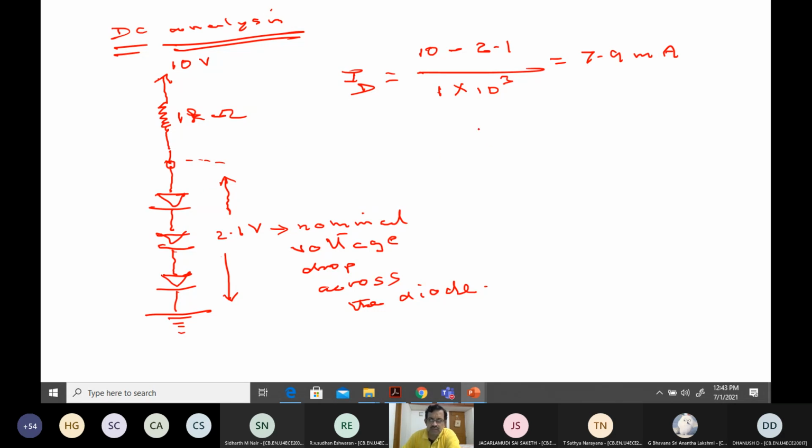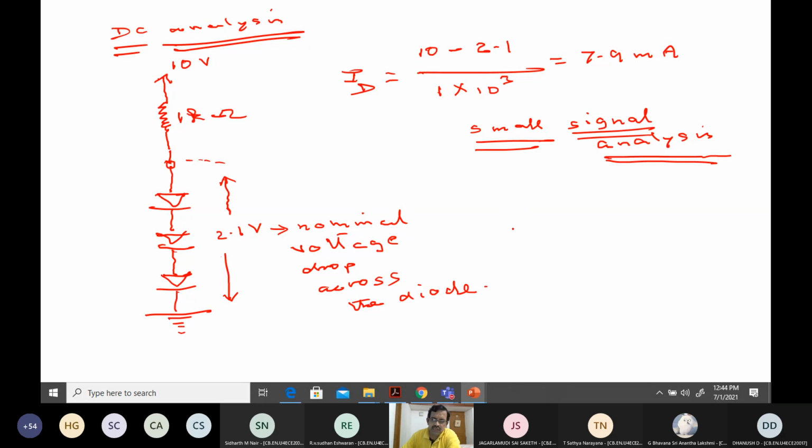Now what I need to do is perform small signal analysis. I am assuming that small signal analysis is correct, so I am going to perform the small signal analysis model and I will verify after I get the answer whether my way of doing things is correct.